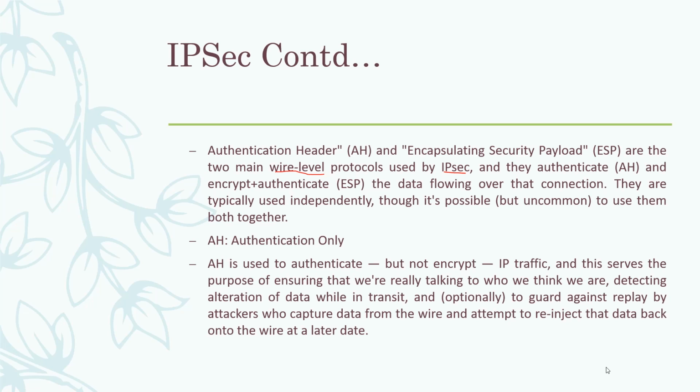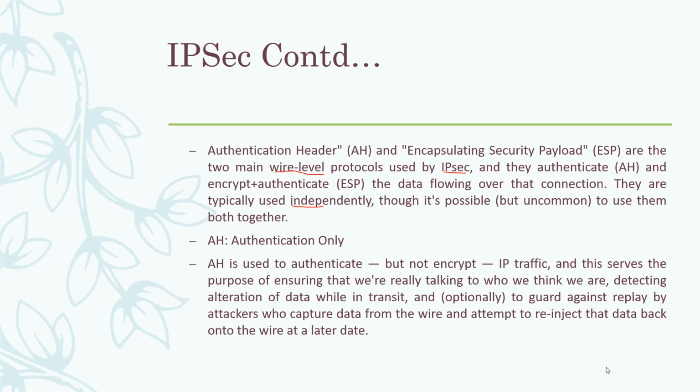They authenticate, that is, if you are using AH only authentication, and ESP means both encrypt and authentication, the data flowing over that connection. They are typically used independently, though it is possible to use them both together, but it is very uncommon that both the technologies are used together.